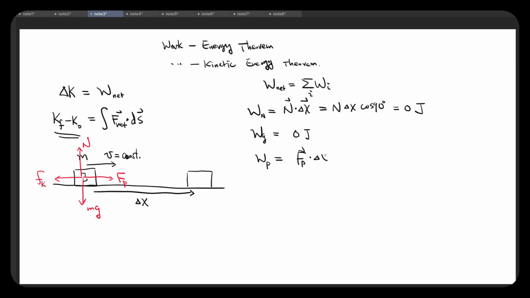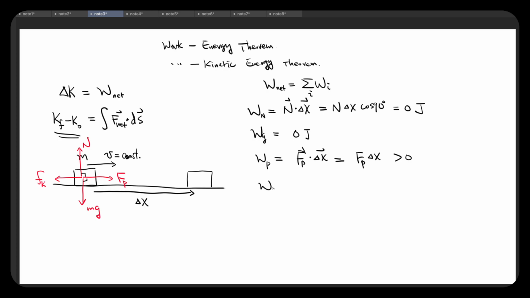Now the work done by the pushing force, let me call it WP, equals pushing force times delta x. We know the pushing force is in the same direction as delta x, so there should be a 0-degree angle between them. And when I write FP delta x, they're just magnitudes, so this quantity must be positive.